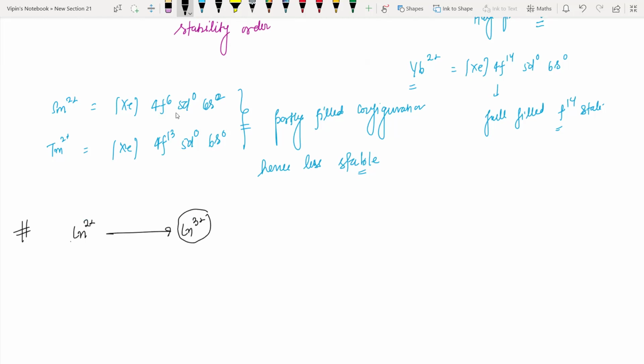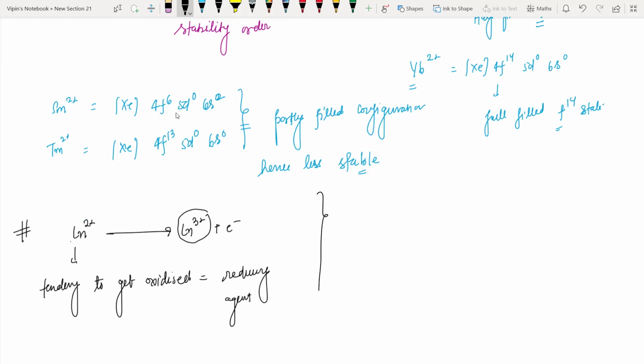It means all the Ln2+ ions have a tendency to get oxidized, right? And any species which has a tendency to get oxidized behaves as a reducing agent. It means all the Ln2+ ions are reducing agents.